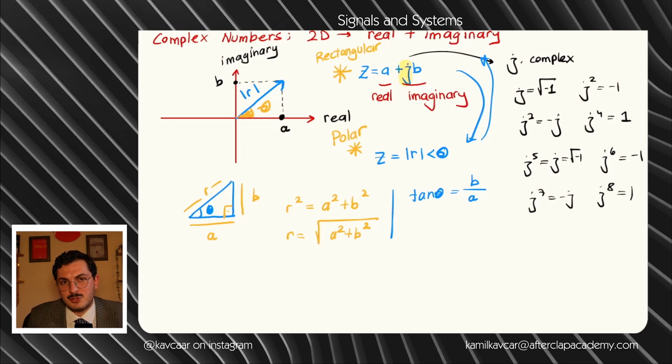We just have two ways to call it. So arctangent of both sides, on the left side, we're going to be left with the angle itself, which is theta. On the right side, we're going to have arctangent of b over a. So this is how we define theta and r, so that we can easily do the conversion from rectangular to polar and polar to rectangular. This information is really important.